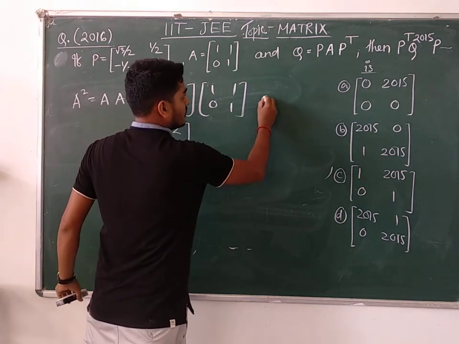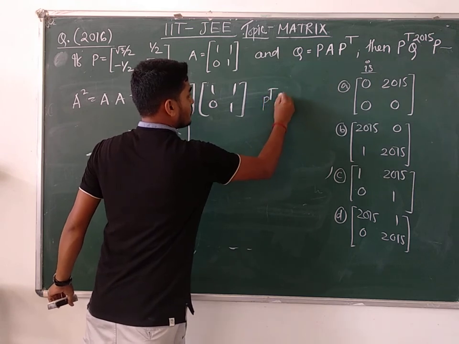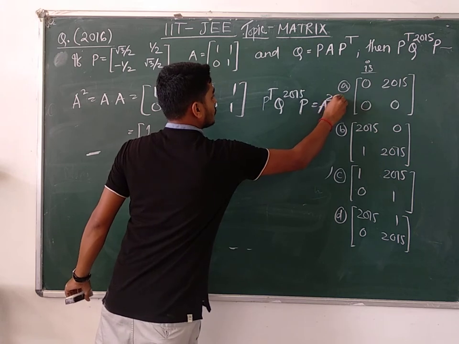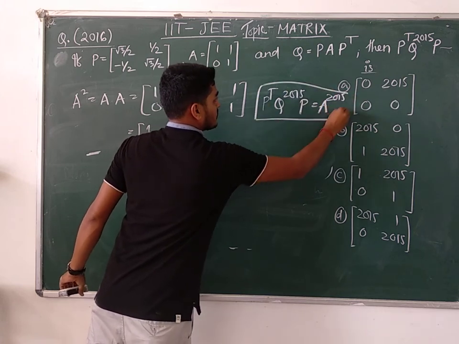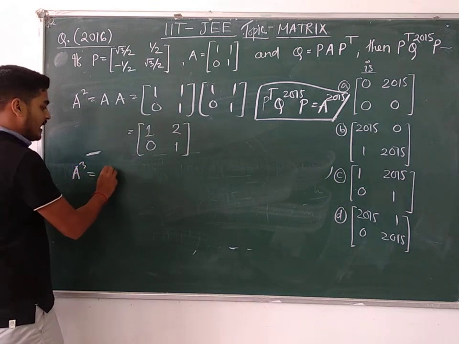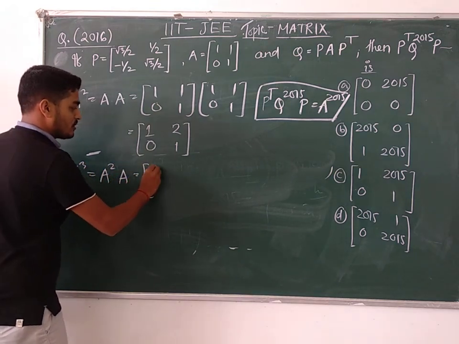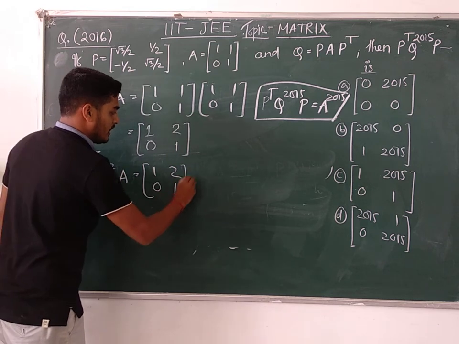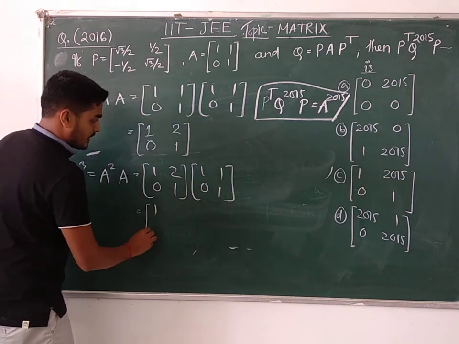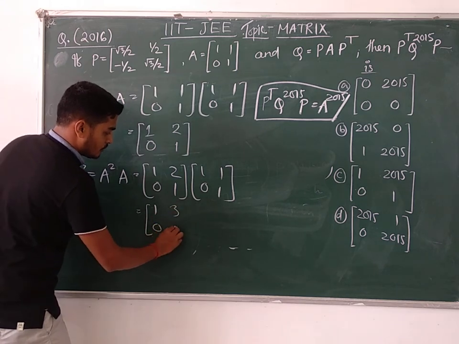What is the value of A cube? A cube means A square into A, that is 1 2 0 1 and 1 1 0 1. Try to multiply, and obviously you will get 1 3 0 1.